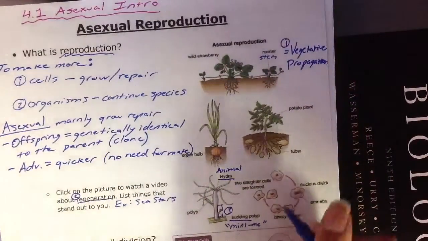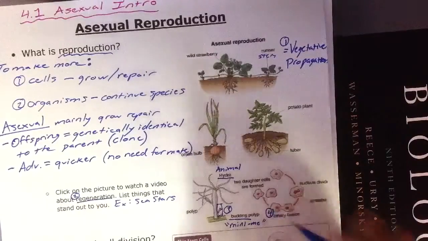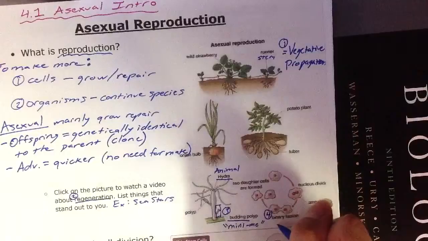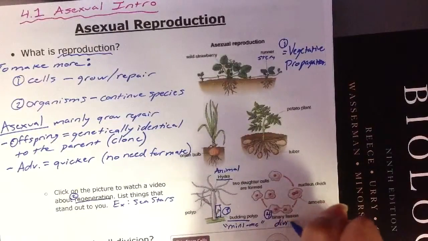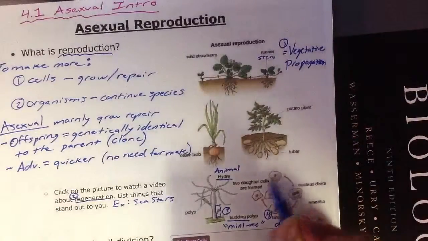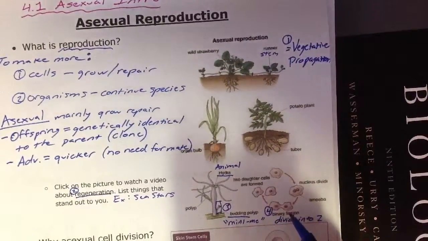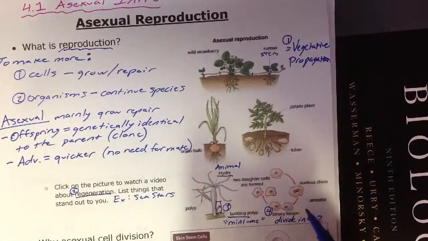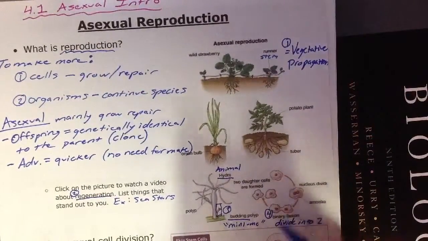Then when you look over here, this is your fourth example, which is binary fission. And in binary fission, you divide equally into two. This is really what we see happening in most of asexual reproduction, and this is what you see happening in mitosis. Okay, so an easy example of that.